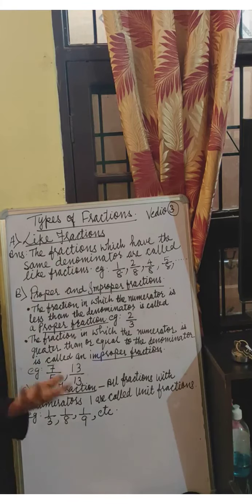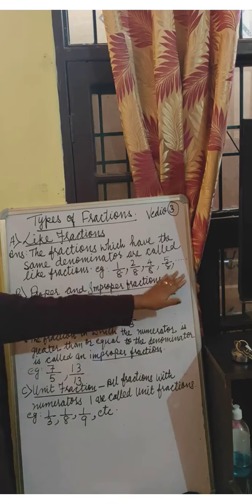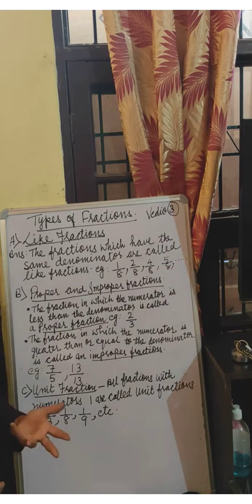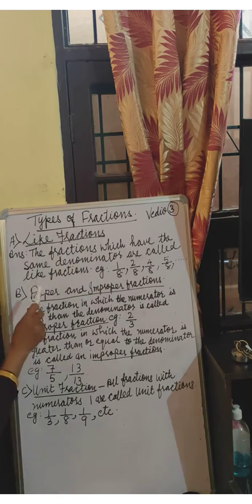Another example: 3 upon 12, 4 upon 12, 9 upon 12, 20 upon 12, 16 upon 12. In all the cases the denominator is 12. That's what I have told you. This way you have to write like fractions.